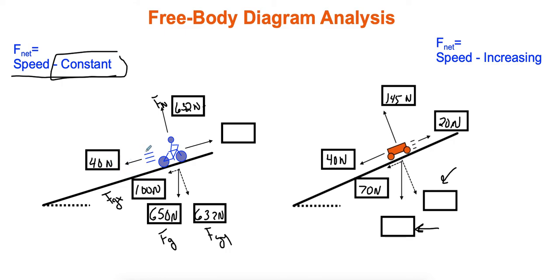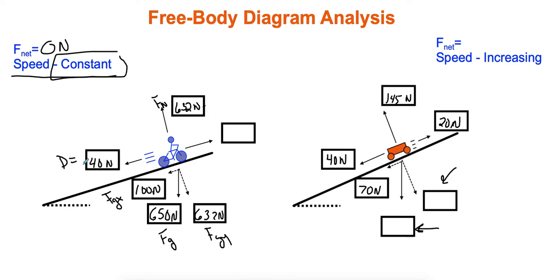Since it's constant, that makes this a little bit nicer. Remember what we talked about with the net force: if there is constant movement, then net force is going to be 0 newtons. So we could fill that out up here. In order to get 0 newtons horizontally, we're going to have balanced forces. For this one, we have 100 newtons of gravity working against us, and 40 newtons of drag.